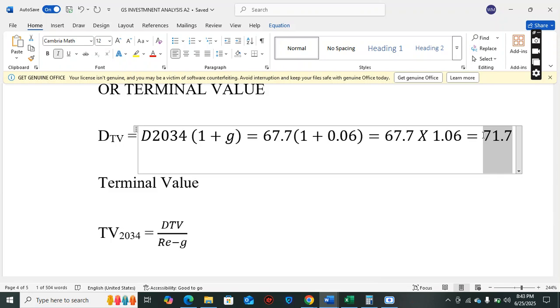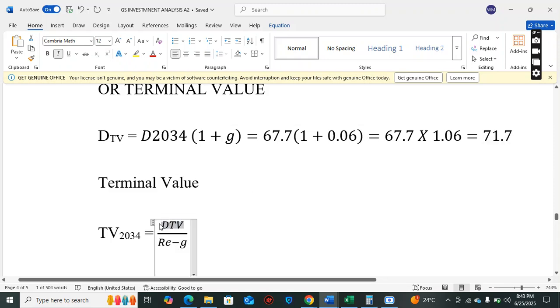We're trying to calculate the terminal value, madam. The terminal value is accounting for the dividends after 2034. To get your terminal value, this is the formula: expected dividend on top, divided by the required rate of return minus the growth rate.